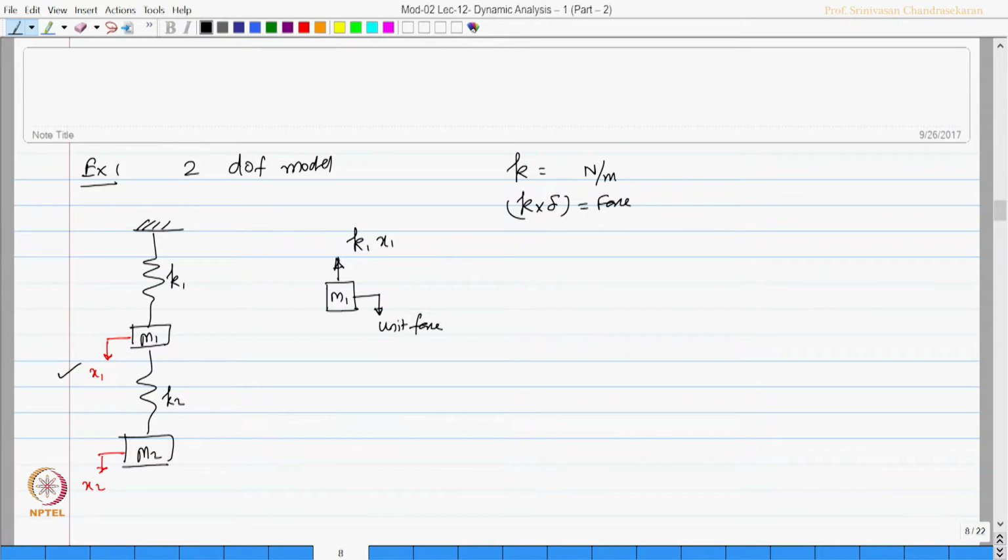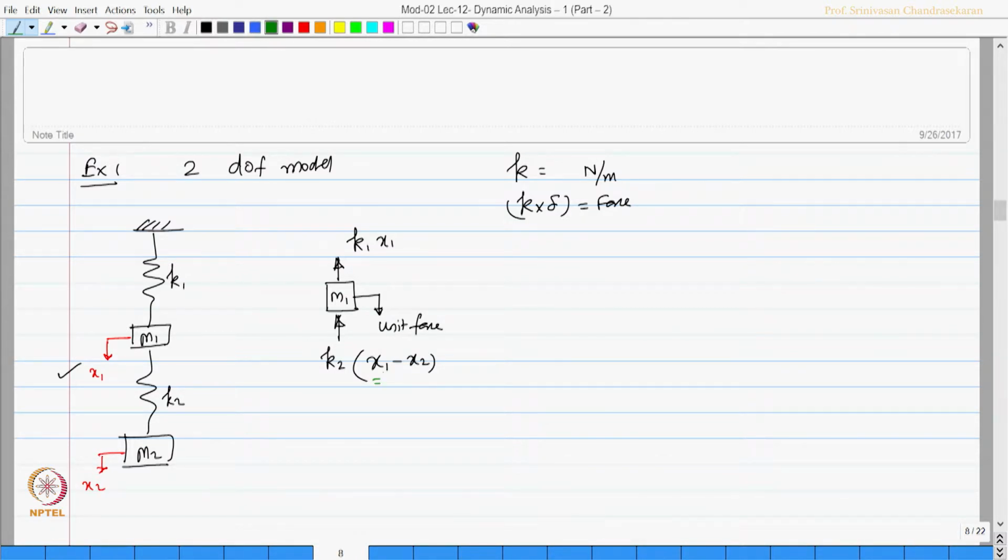At the same time, the K2 spring will be compressed and will apply a force in the opposite direction. K2 will be compressed now, it will oppose this motion, and that will be equal to the stiffness of that spring multiplied by the point where you are measuring the displacement and the point where the spring is connected. It is very clear, please understand here.